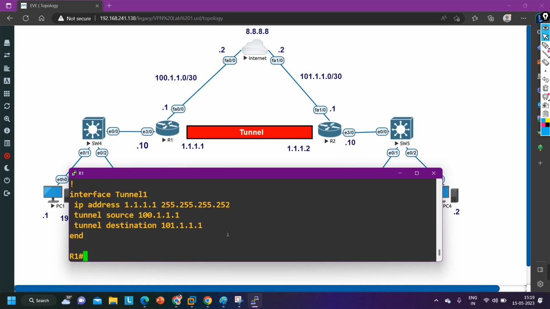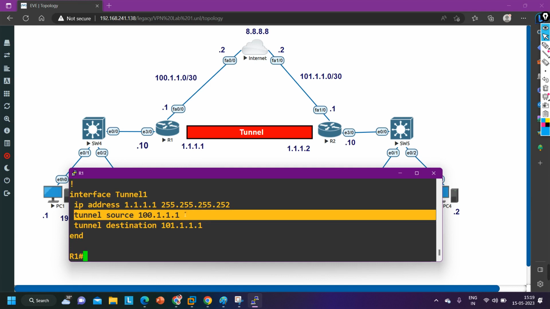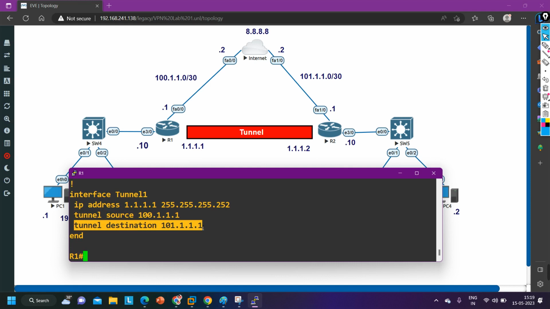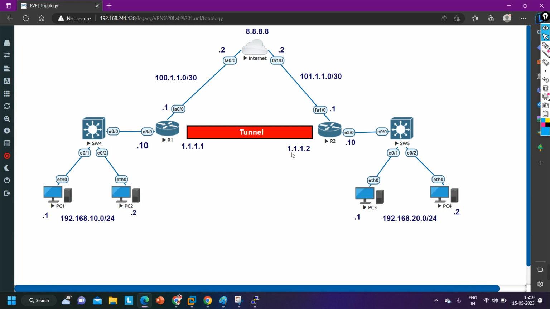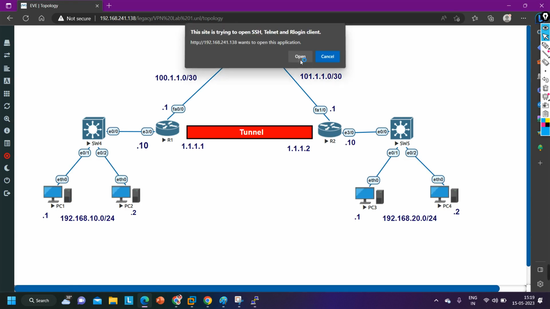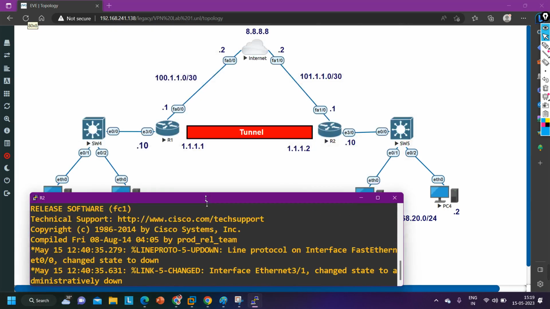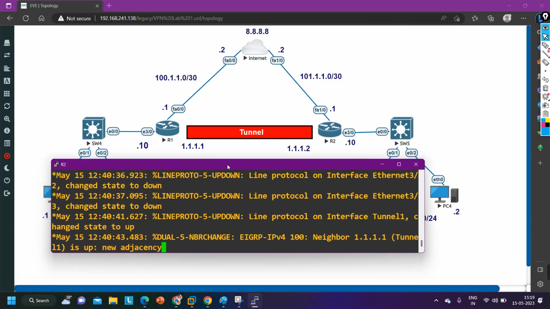Here you can see the tunnel source IP address is 100.1.1.1, and the tunnel destination is 101.1.1.1. In the same way, on router number 2 you can also verify the IP configuration.